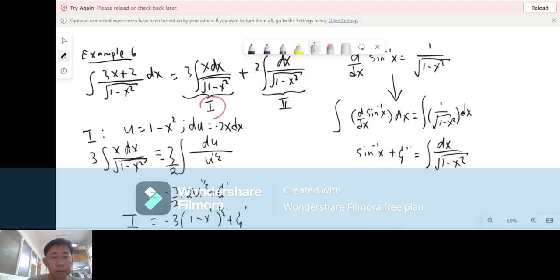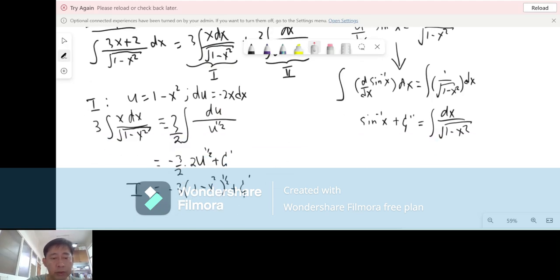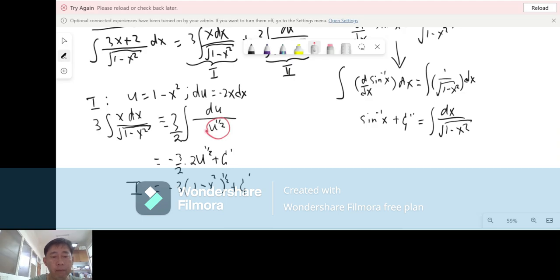For the first term, once you substitute u equals 1 minus x squared, then the integration with respect to x in 1 can be converted into integration with respect to u, which is now in a much simpler form of a function u to the power of minus half. Carrying out this integration will allow us to obtain the full integration for 1.